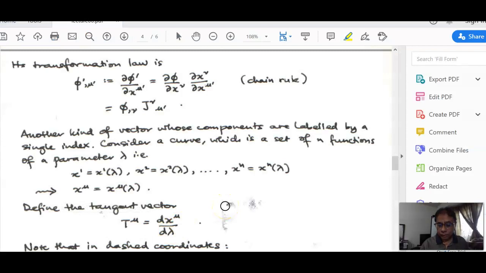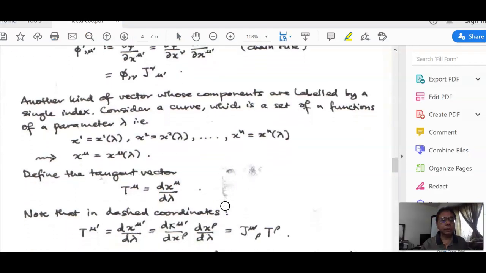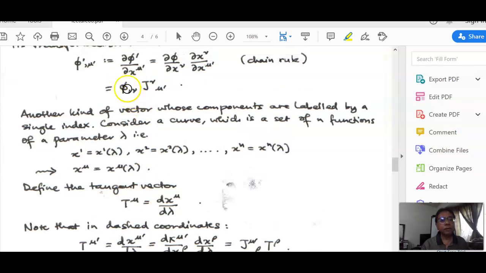The tangent vector, in this particular case, is just the derivative of the coordinates of the curve with respect to the parameter of the curve. As you can see now, the single index on this vector is on top, compared to the one before, which has the index at the bottom.